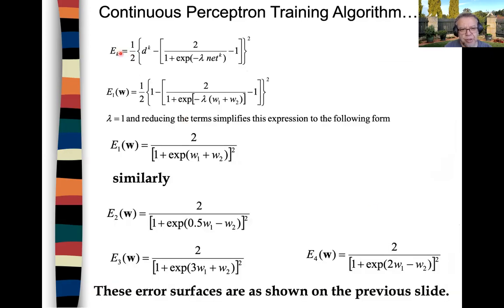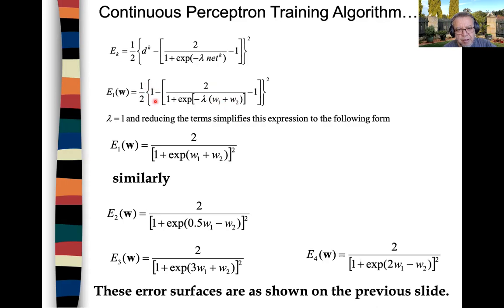So let's look at the general formula for the error function. It's given by 1/2 times the desired output minus f(net), which is the actual output, squared, given by this formula when we're using the bipolar activation function. For E1, the input pattern Y1 is (1, 1), so net1 would be W1 plus W2, which is easy to compute.